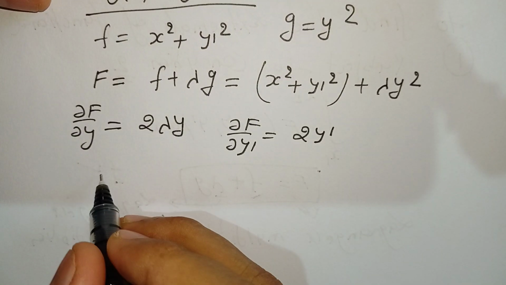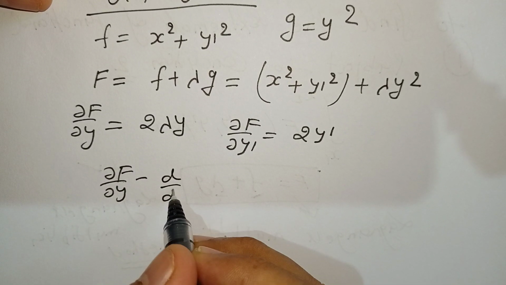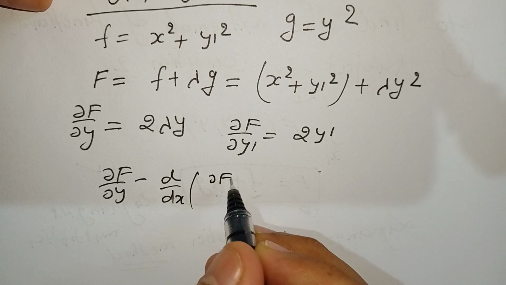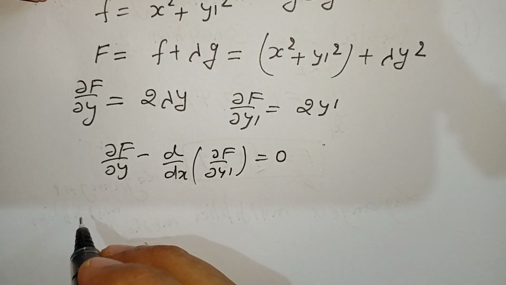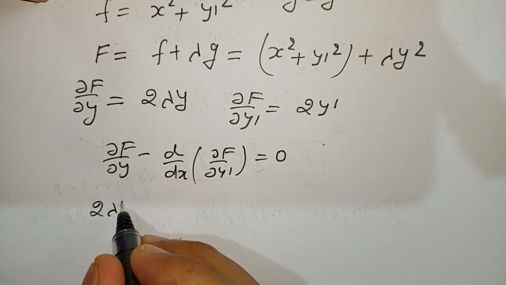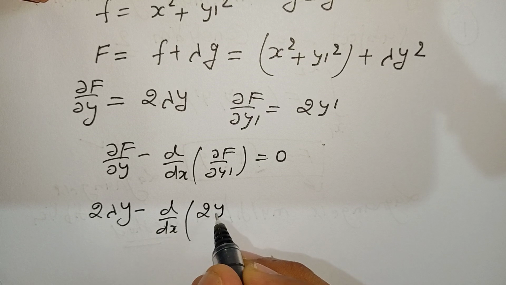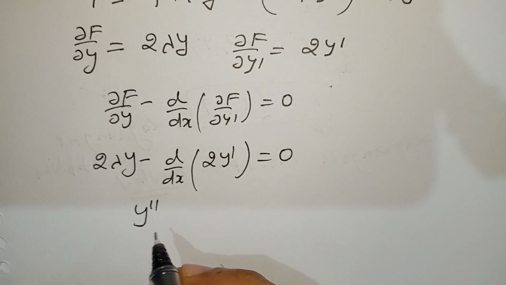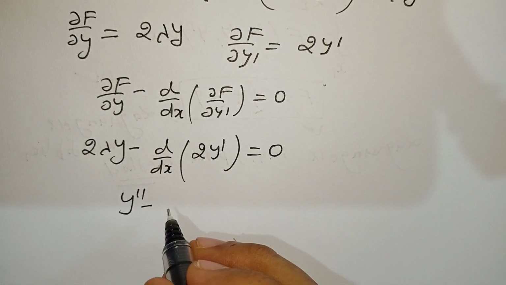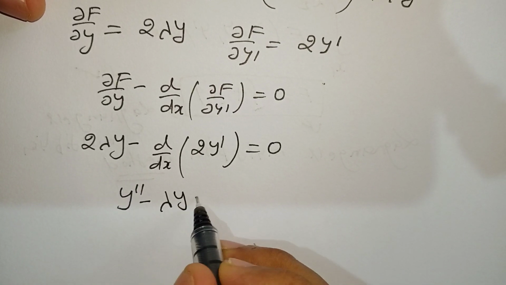So now the Euler equation, del F by del y minus d by dx of del F by del y dash equal to 0. So we get 2 lambda y minus d by dx of 2 y dash equal to 0. So here we get y double dash minus lambda y equal to 0.